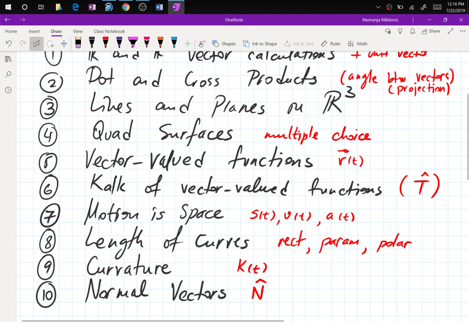So technically you have 4, because all of the vectors are the same. It's just different cases, but it's the same concept. And then you have the plane, and then you have the line, and the last one is the length of curves. You just multiply by dt over dt and run the calculation inside the square root, and that's it. So those are the 4.